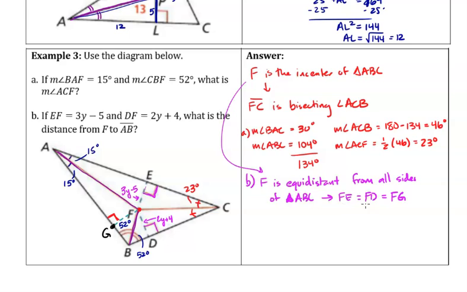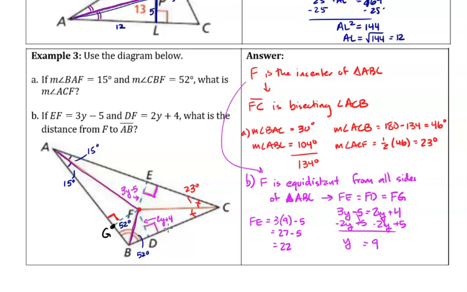Well, if I look at these two right here, that means I can take 3y minus 5 and say it equals 2y plus 4. And I can solve this by subtracting 2y from both sides, adding 5 to both sides. So I have y equals 9. And that means that FE would be equal to 3 times 9 minus 5, which is 27 minus 5, which is 22.